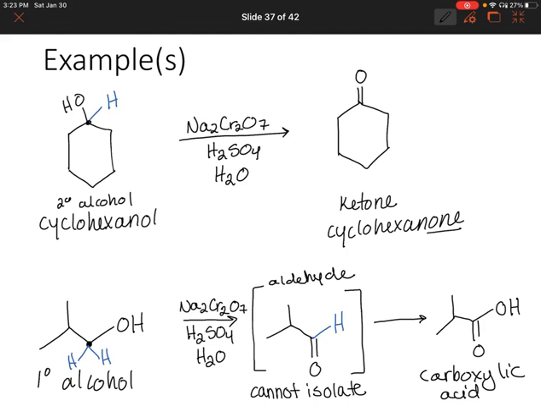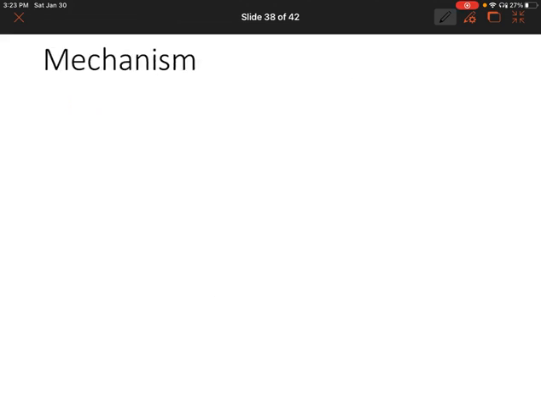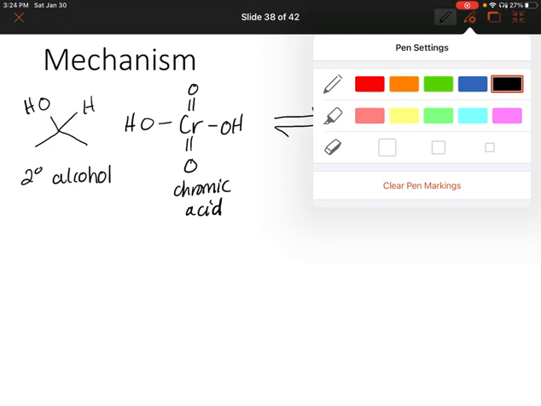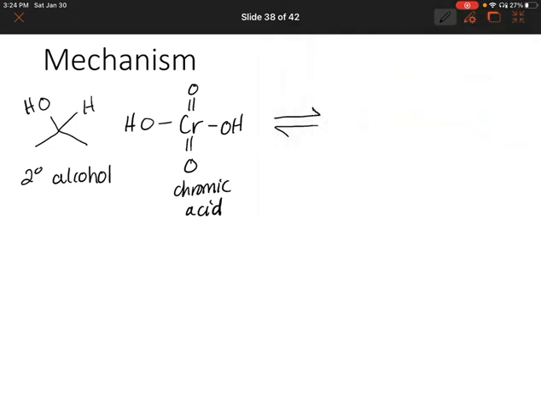Okay, so let's go over the mechanism for using chromic acid. So let's say we have a secondary alcohol, and we have our chromic acid as our oxidizer. Now, what ends up happening is the oxygen is going to bond to the chromic acid.